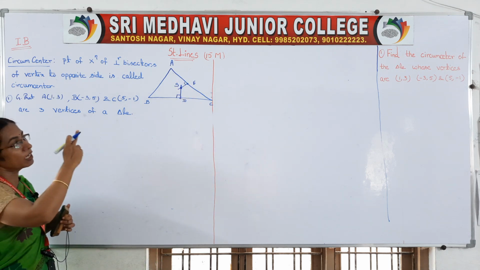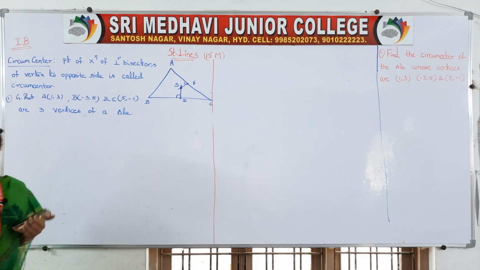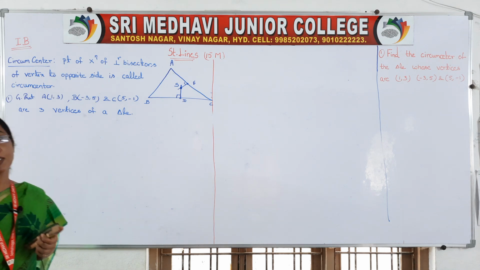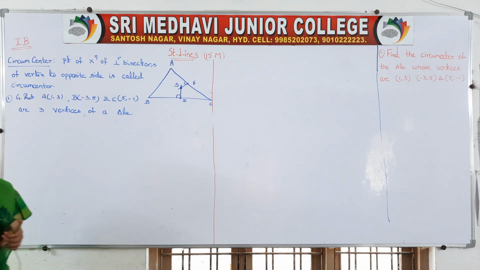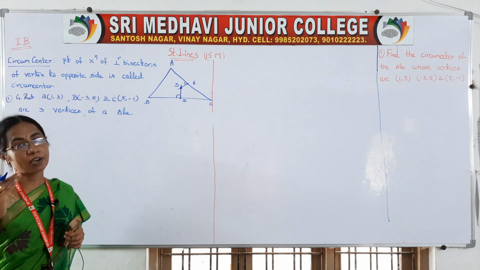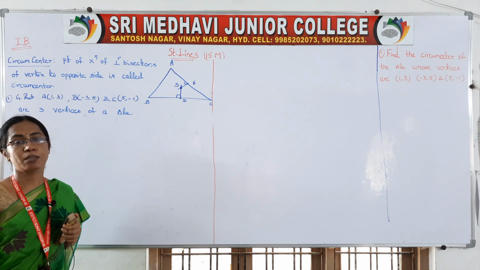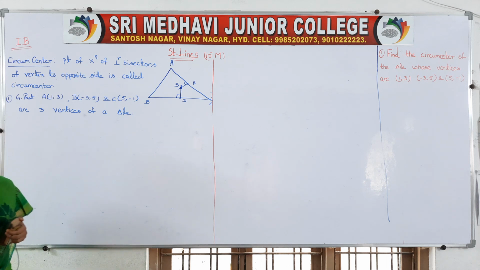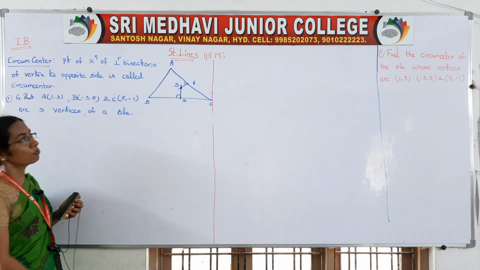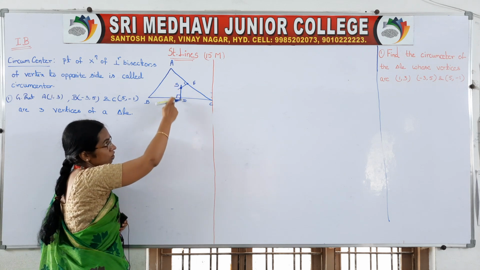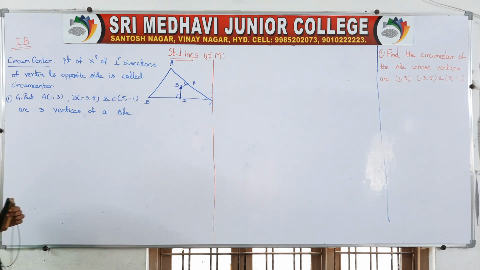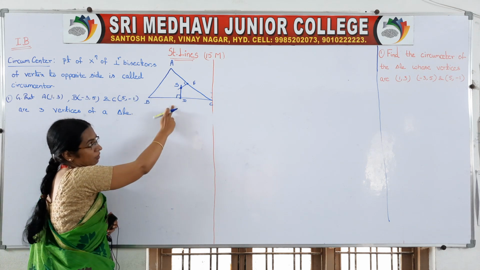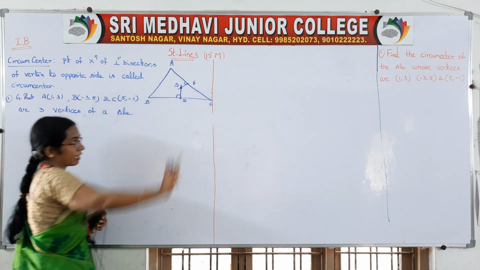If we take the point of intersection of those two, that is called the circumcenter. The definition is that the perpendicular bisectors are concurrent, and their point of concurrency is called the circumcenter. So to get the circumcenter, we have to find the point of intersection of the perpendicular bisectors. So our aim is to get the SD equation and the SE equation.